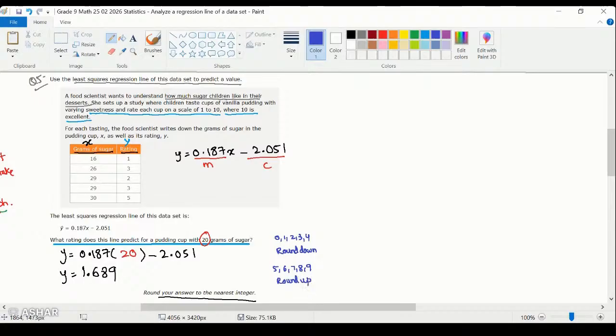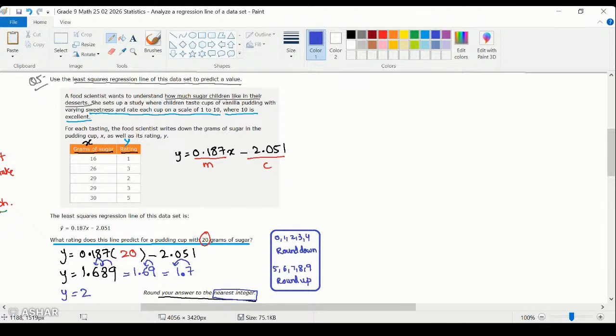So keeping this information in mind, let's look at this number. This was a 9, round up. Step by step, 1.689 rounds up to 1.69, which rounds up to 1.7. We have to give the answer to the nearest integer. Integer means whole number. This would round up. That means y would come out to be 2.